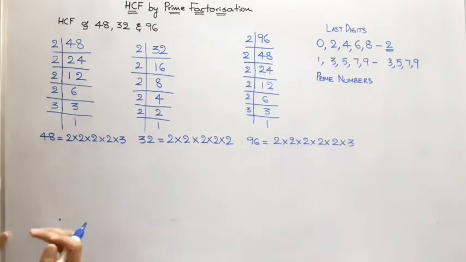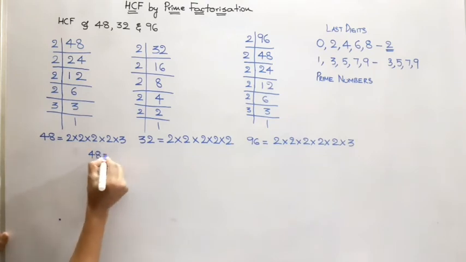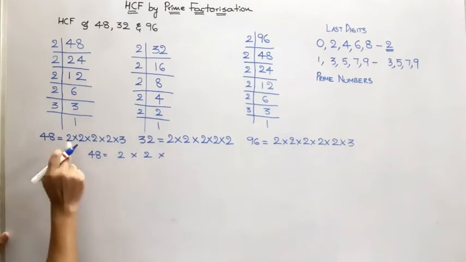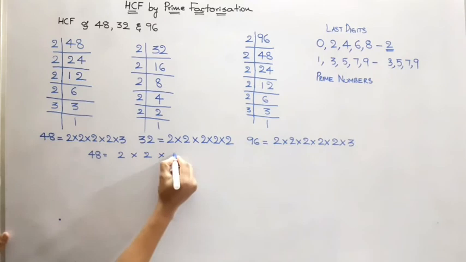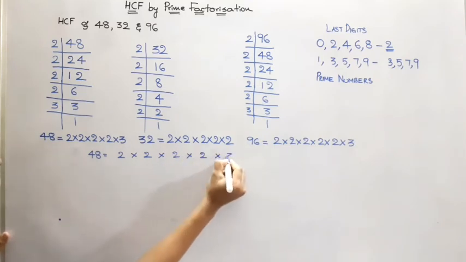Now using this, how are we going to find the HCF? So how did we get 48? It is 2 into 2 into 2 into 2, that is four 2s, into 3.